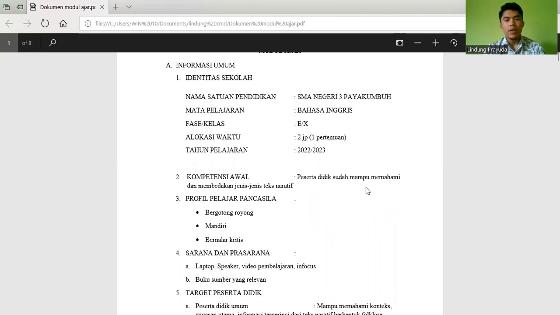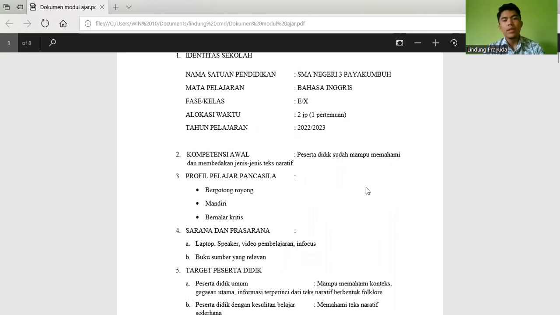And then the first competency that we hope for the students is that they are able to understand and differentiate a variety of narrative texts.